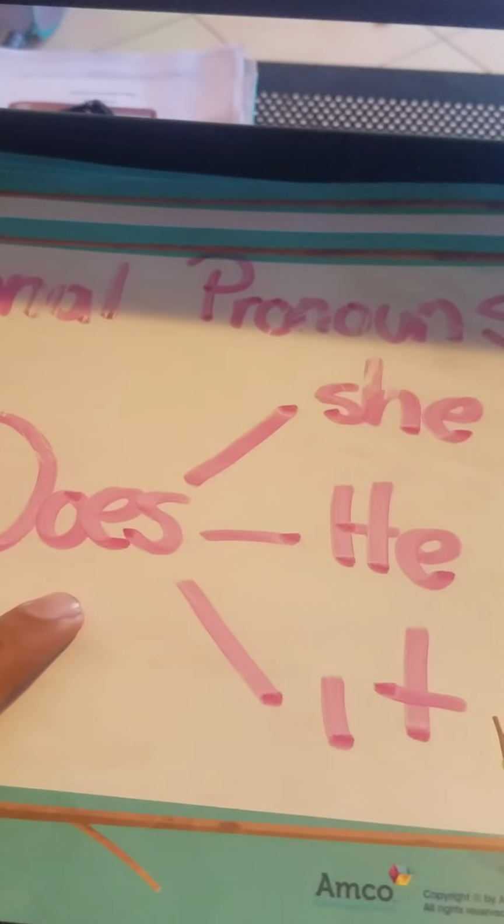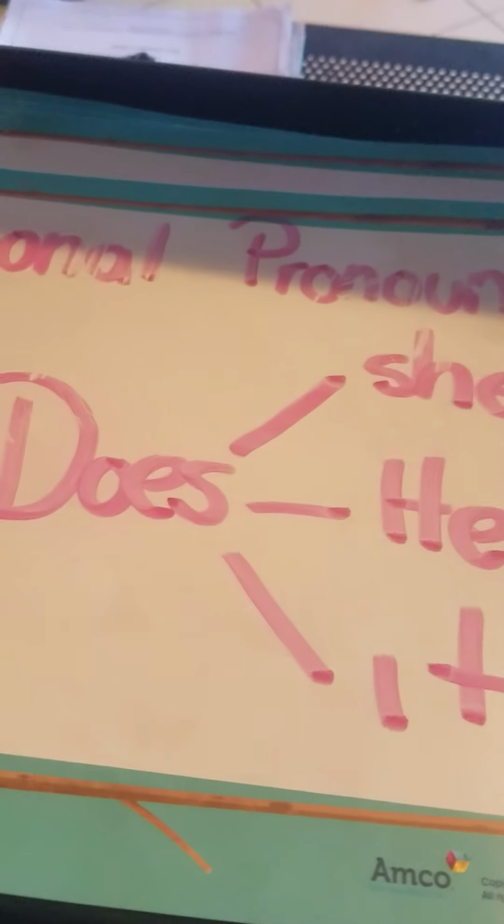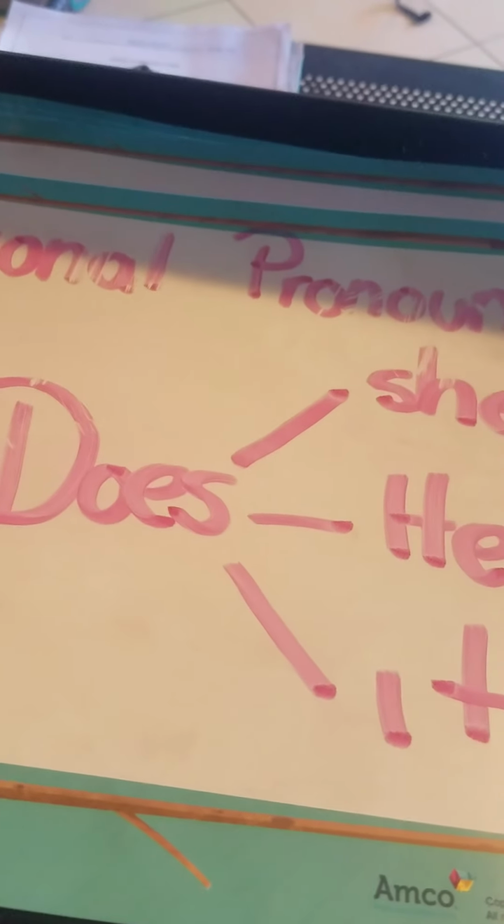And here, guys, is the other one. Does. Remember, not does, does. Again, does goes for she, does goes for he, and does goes for it. Okay, so they are, guys, they are the same meaning.